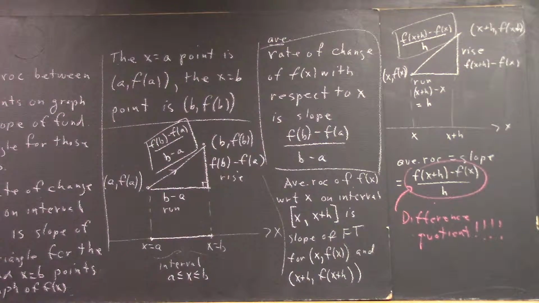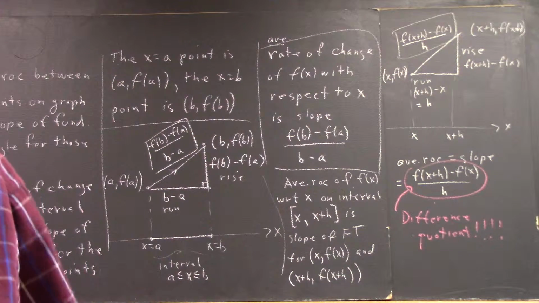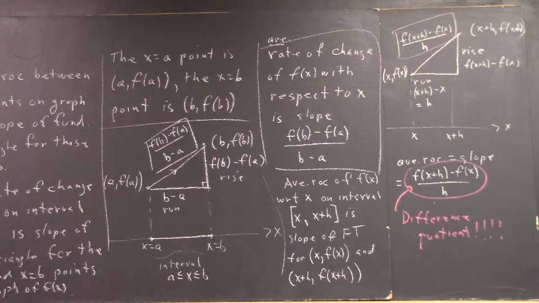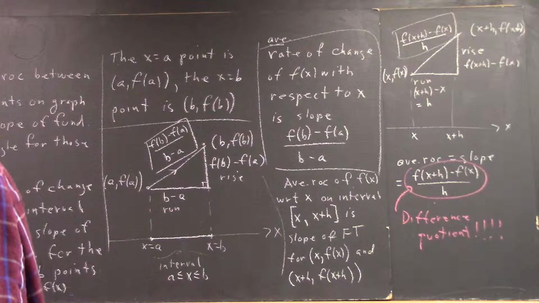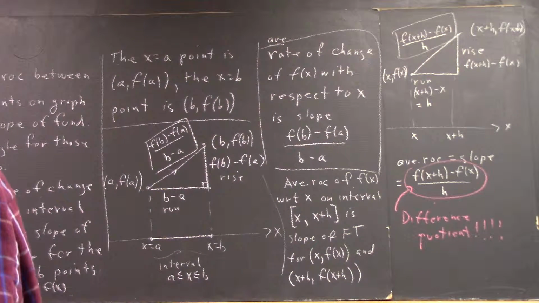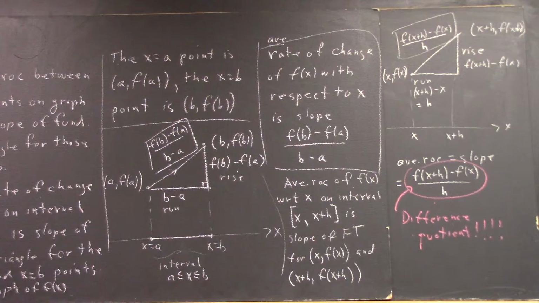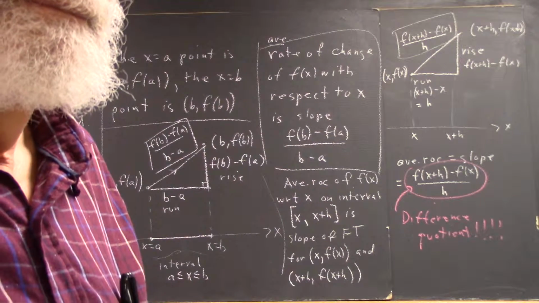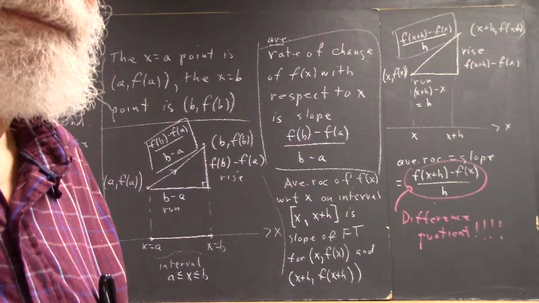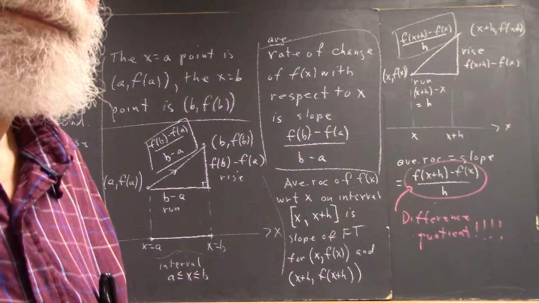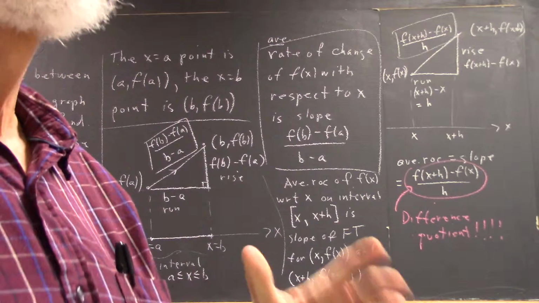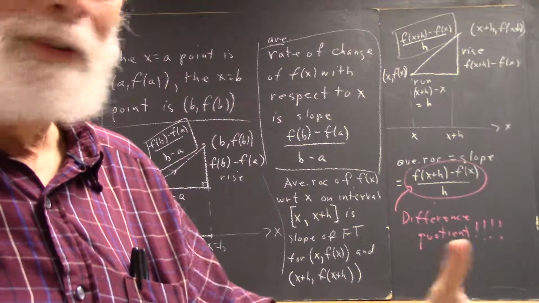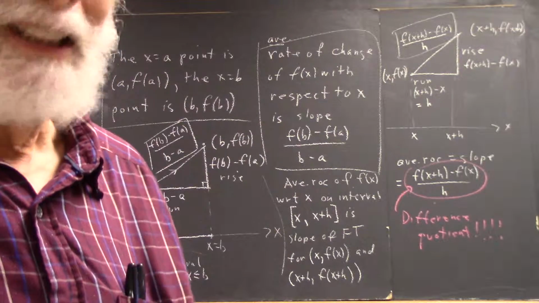So you asked a good question. We got to do things for about 15 minutes, and hopefully you got a little bit of insight out of it. I always been looking at it as though it was the slope of a triangle, but the interval part, the symbols, that's what confused me. Making the transition to symbols is a big deal, and it takes a little time.